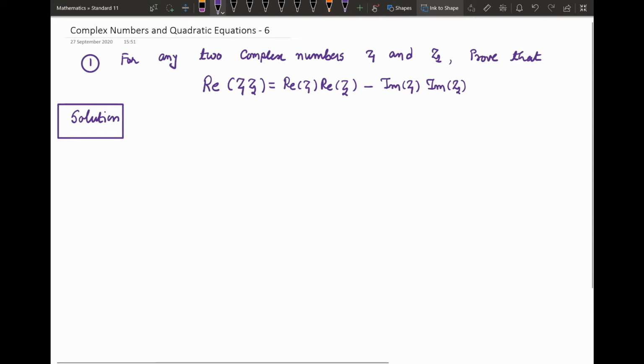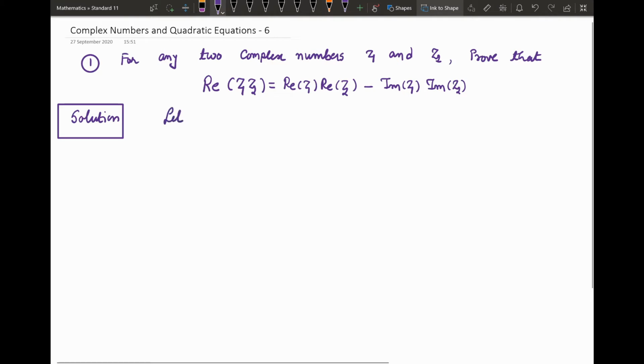So to prove the result, first we will suppose two complex numbers Z1 and Z2, then we will find multiplication of Z1 and Z2, and then we will evaluate LHS and RHS, and we will show that LHS equal to RHS. So first we suppose two complex numbers.